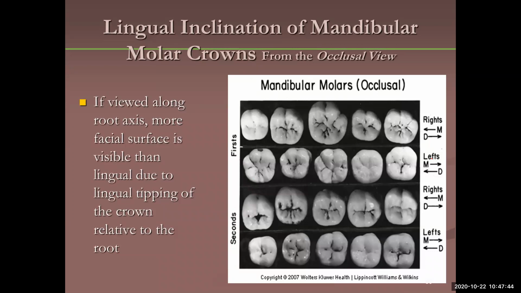Again, the mesial is going to be taller and larger than the distal. So we know that this is the mesial here and this is the distal. Tapers towards the distal. Mesial.